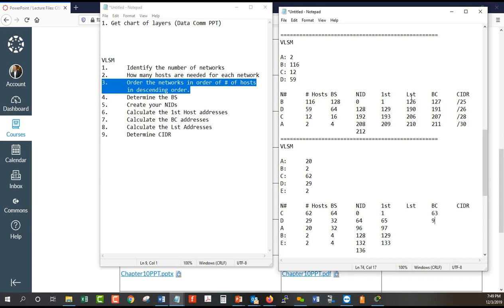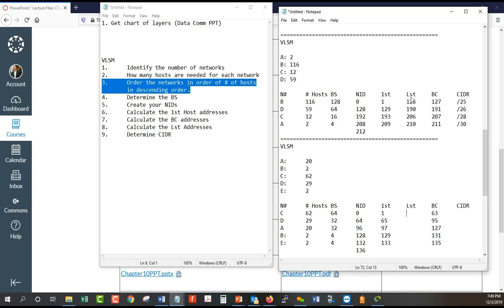Then 95, then 127, then 131. And we're going to do 135 because I've got that 136 down here that's going to help me. And 1 less than 136 is 135. So I've got all of my broadcast addresses now.